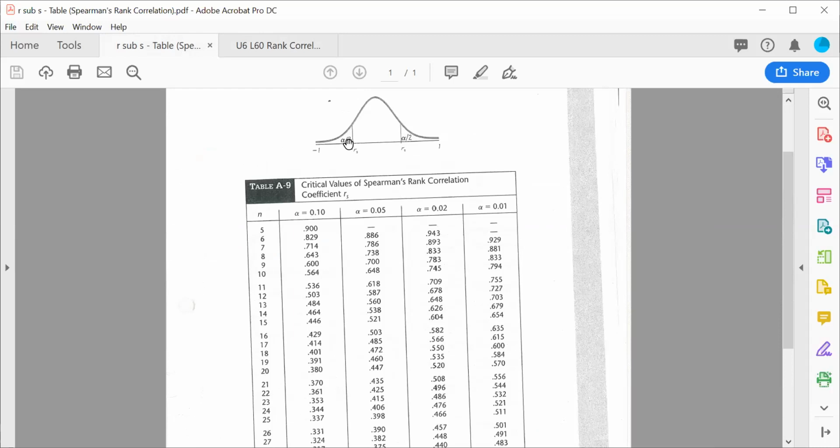First of all, the R sub S critical values of Spearman's rank correlation coefficient always assume two-tailed. So I'm going to go to 10 for n. I'm going to go to 0.01 for the alpha level, because even though it's 0.005 in each tail, the alpha level is still 0.01. It always assumes it's a two-tailed test. So 0.794 is right there.